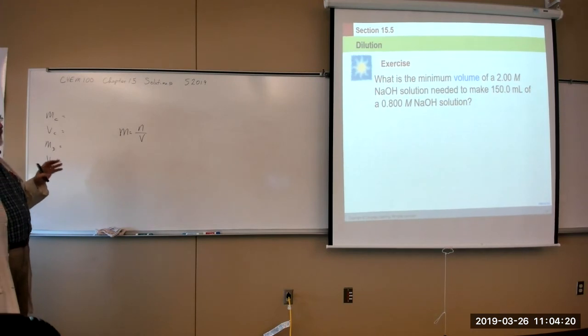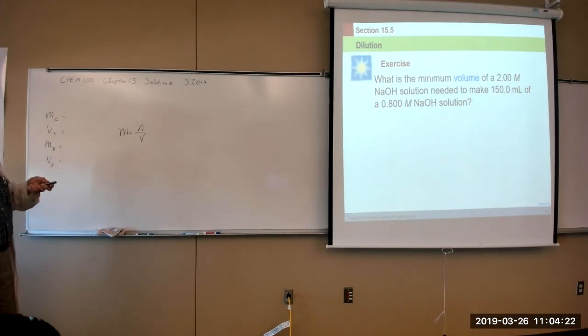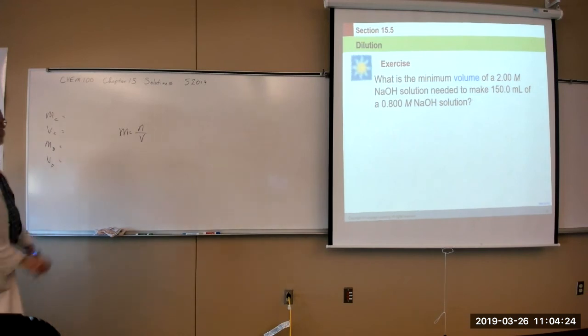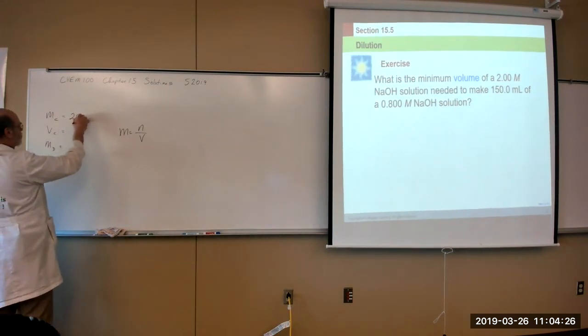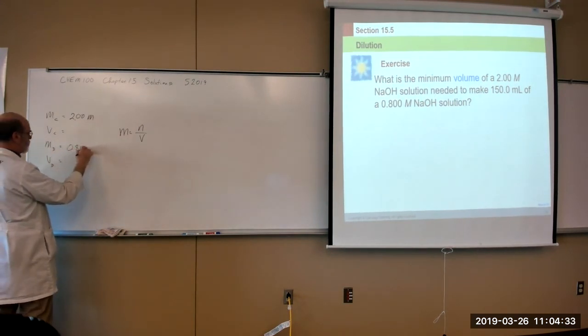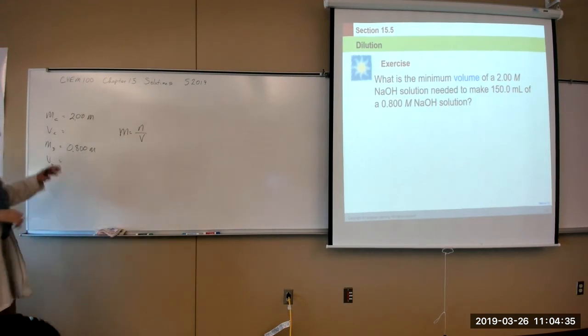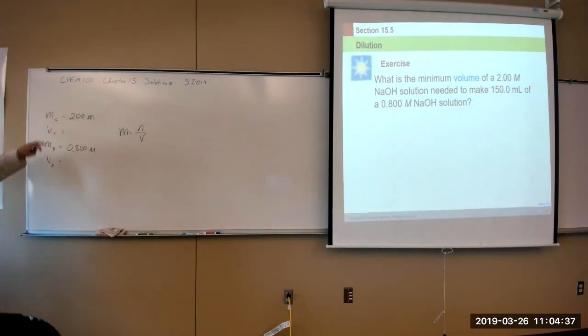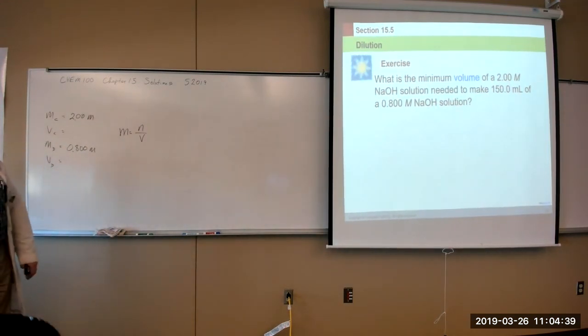The minimum volume of 2 molar, we're going from 2 molar to 0.8 molar. So 2 molar is concentrated, to 0.8. Okay, so we got that in the right order, dilute, concentrated. And we want to make 150 milliliters of final solution.